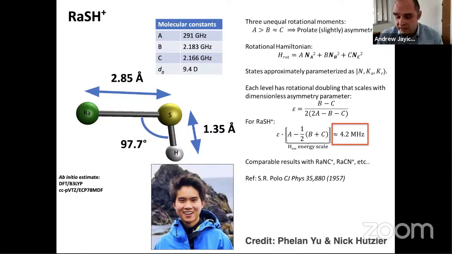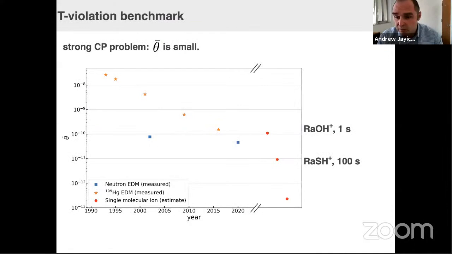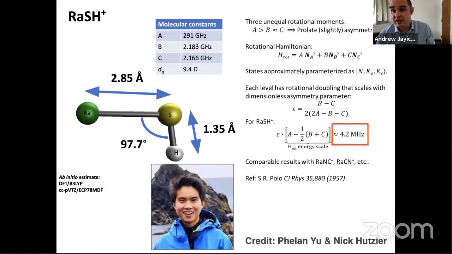RaOH plus, it turns out, in this excited state is expected to live for about a second. The excited state is some maybe 14 terahertz above the ground state. It's in this excited state where it's bent, and you get this doubling mechanism that gives you the signal states. As Nick will point out, inherently bent molecules in their ground state are more of a rule than the exception.